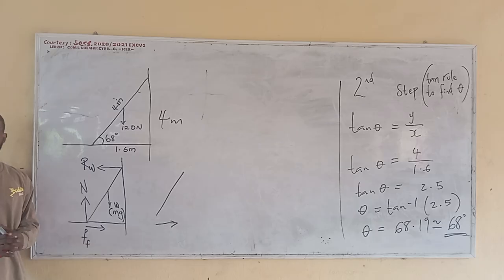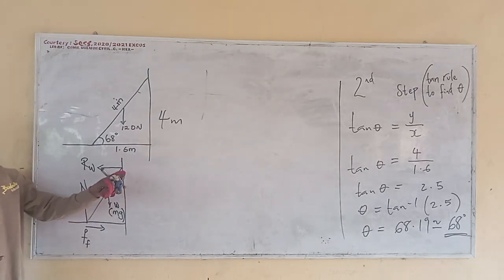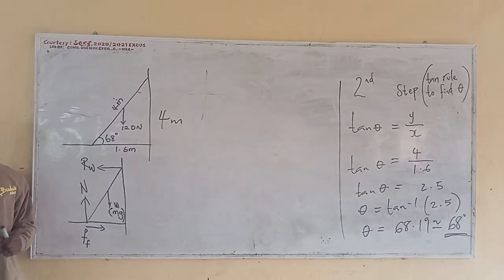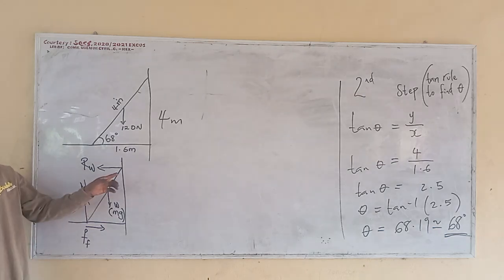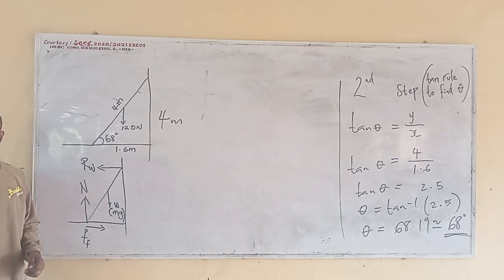Because of your level, they don't include friction of the wall. But normally, we're not just talking about your level. Let's talk about a reality check. When I place this ladder here, the natural thing is that it could slip from this angle as well.